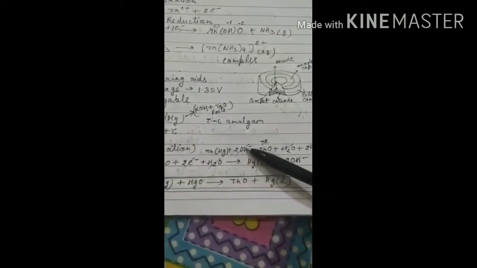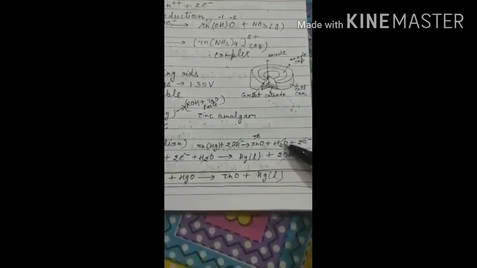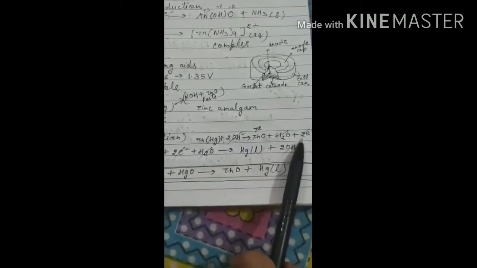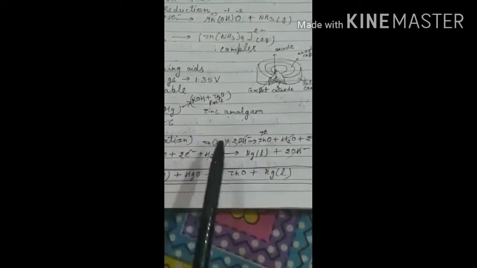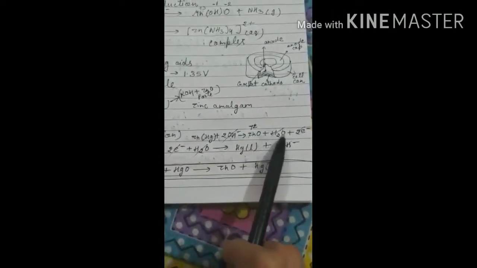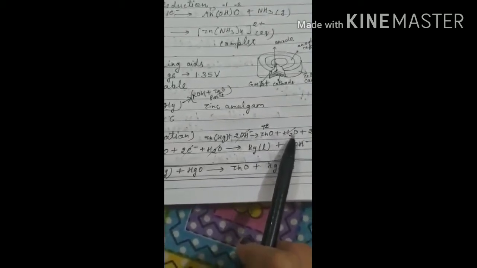So I have written 2OH-, and they go into the form of water, H2O, and zinc releases 2 electrons, so I have written 2e-. Just understand it once again. The zinc is oxidized by releasing 2 electrons, and it takes OH ions from the KOH paste, and these OH ions are liberated in the form of water. Okay, so that is the reaction that takes place at the anode.